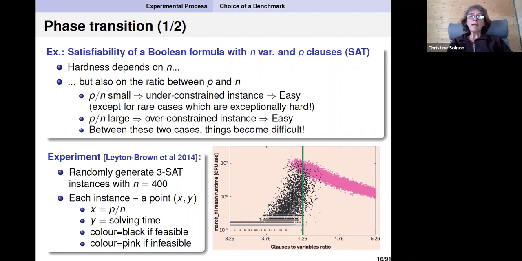So we observe that on the left of the plot we have very easy instances, which are all feasible. And then when we increase this ratio, instances become more difficult with a very large standard deviation. And then we arrive in this region where we have both feasible instances and infeasible instances. And the most difficult instances are in this region, which is called the phase transition region.